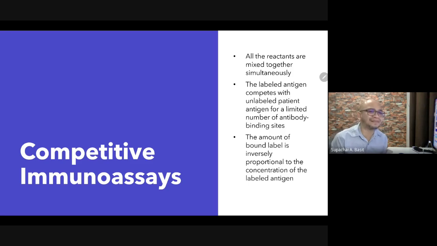So let's talk first about the competitive immunoassays. The first step here is that all the reactants are mixed together simultaneously. This includes all the antigen and antibody. Okay, so there is a competition.